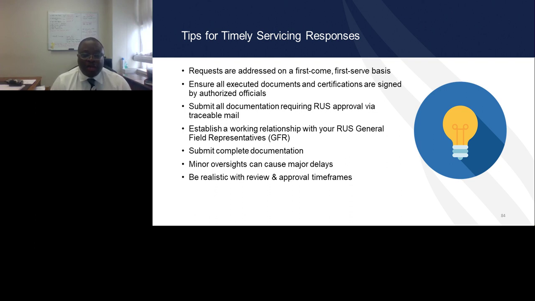Be realistic with timeframes. Typically, we have 30 days to process complete funding requests. Our average turnaround time is about 15 days outside of the COVID-19 situation, but we just ask that you be realistic with the reviews and approval. We are flexible. If there are certain things that need our immediate attention, please contact us, send an email, pick up the phone, give us a call, and we'll try to see if we can expedite or escalate anything that requires our immediate attention.